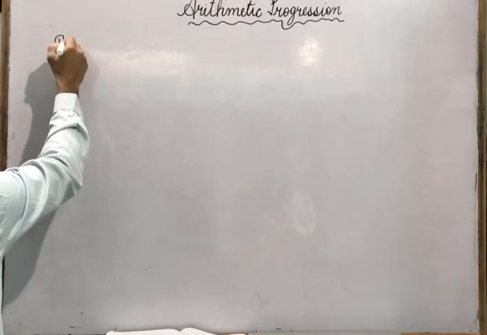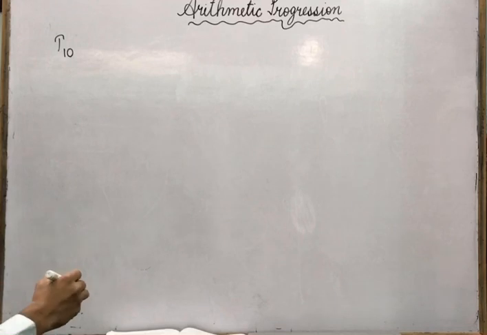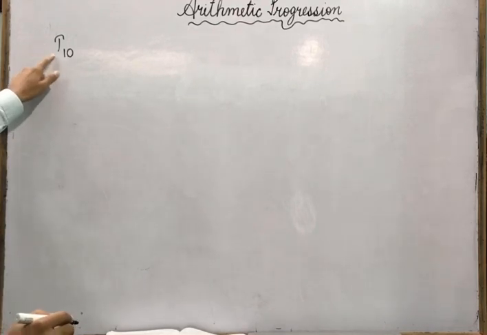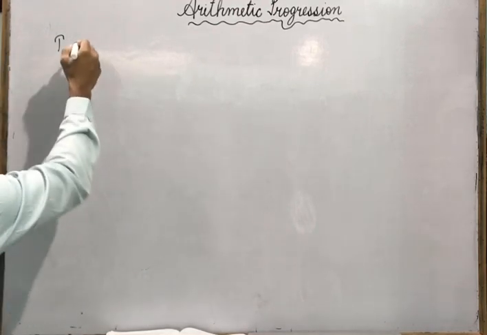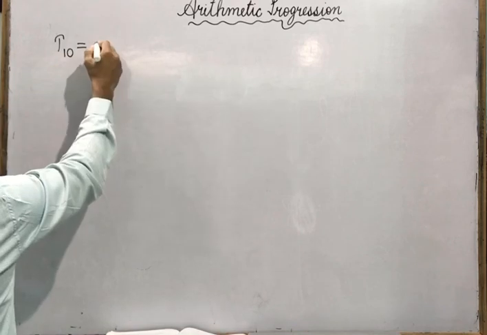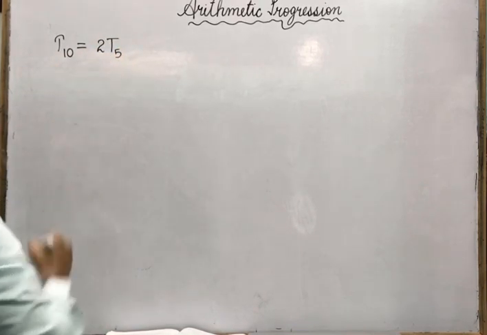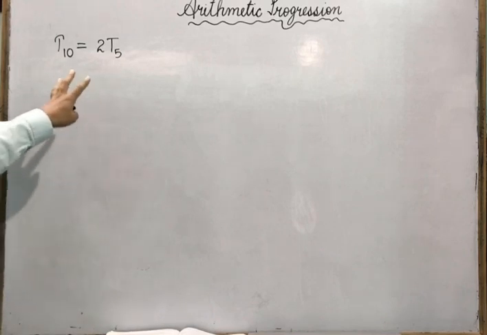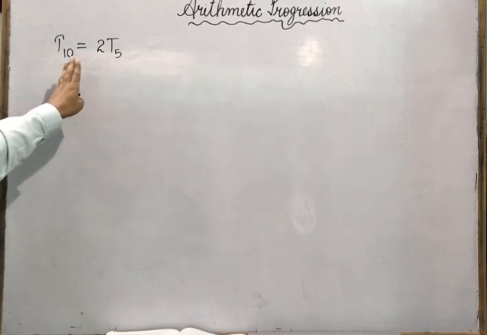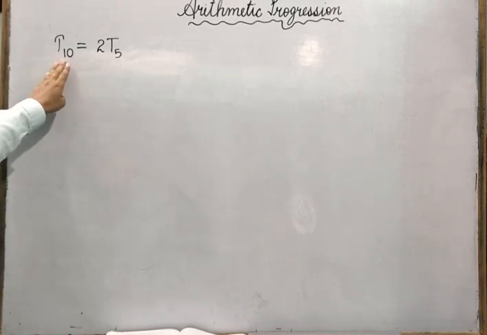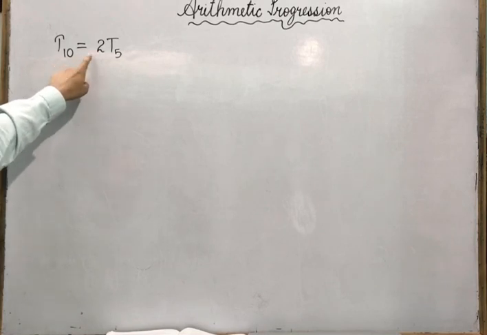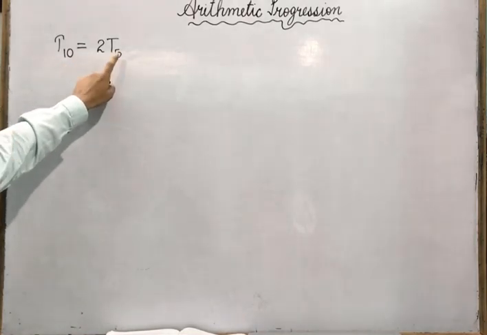How do we write the 10th term? T10. The 10th term of an AP is twice the 5th term. Everyone has understood how it has been written? This is how it will be written.